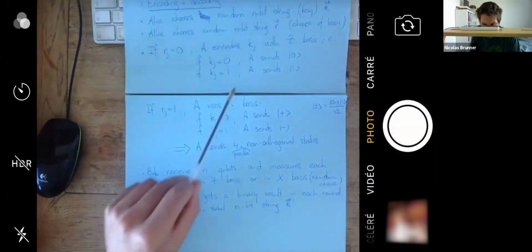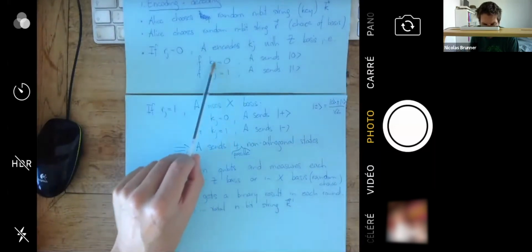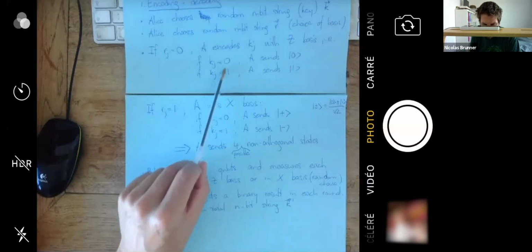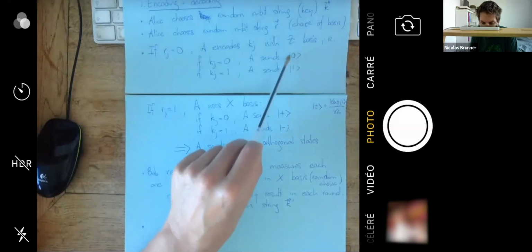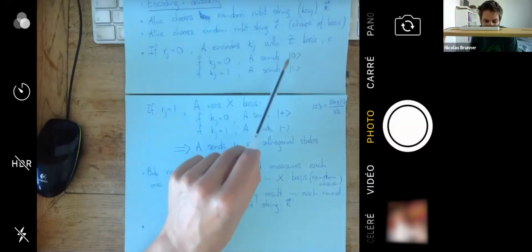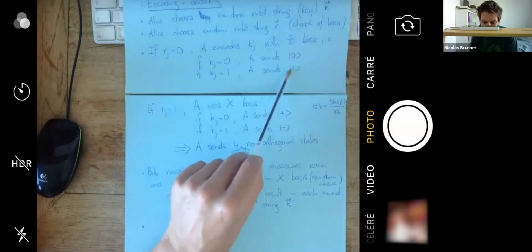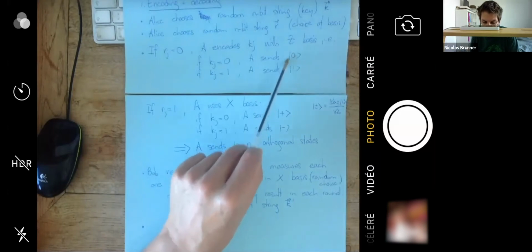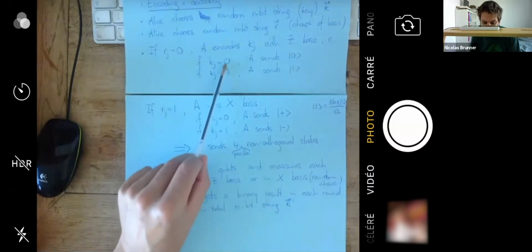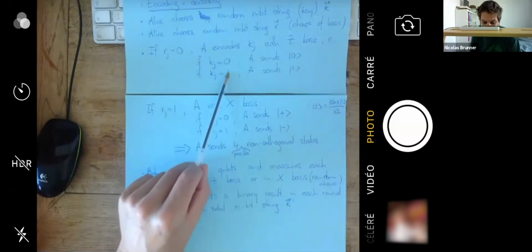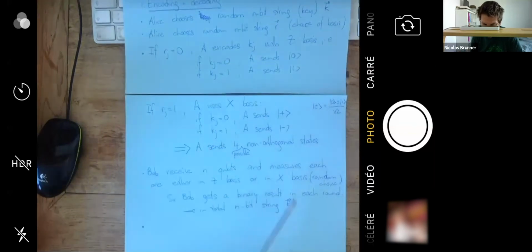Why? Because Alice encoded the information about the key bit 0 or 1 by sending 2 orthogonal states. Let's imagine it was the Z basis that was used. If Bob also measures in that basis, then the result of his measurement allows him to say if the bit value was 0 or 1, and you will find this bit value exactly in K prime.